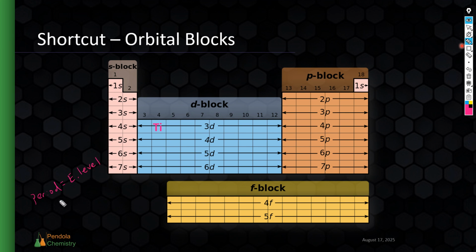For S and P, the period is the energy level. For D, the period minus 1 is the energy level. And for F, the period minus 2 is the energy level.